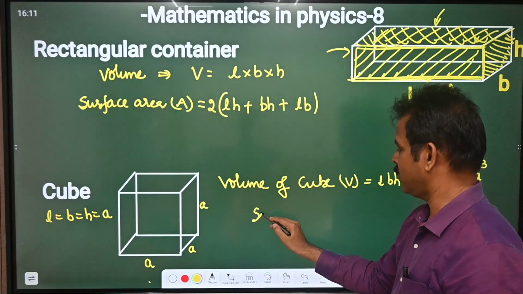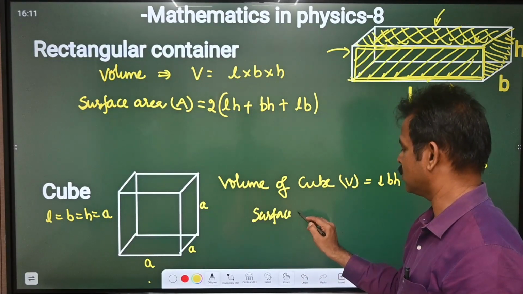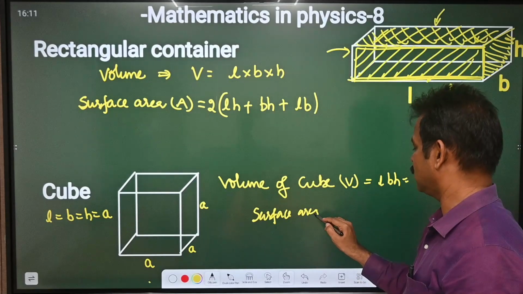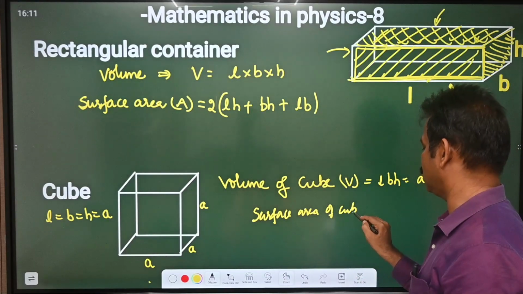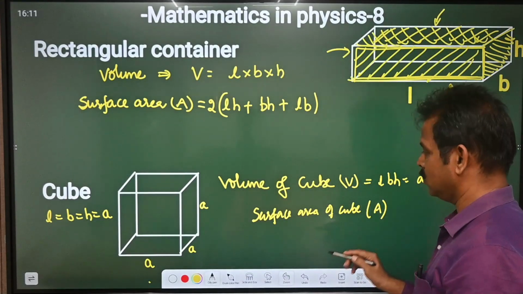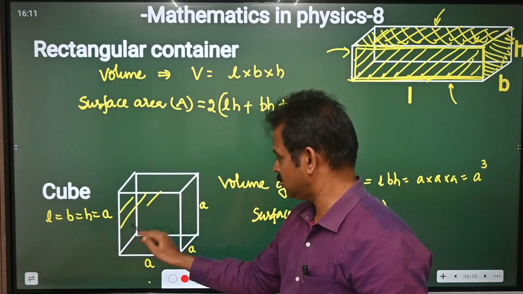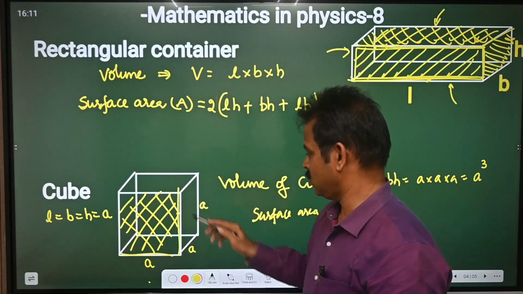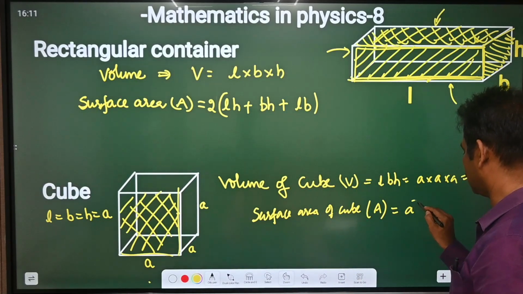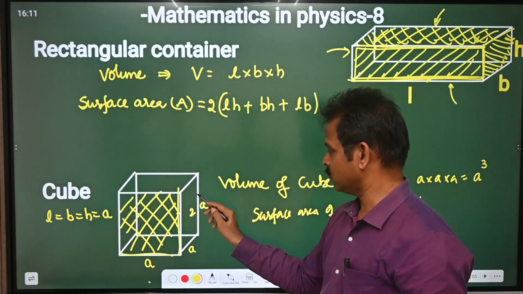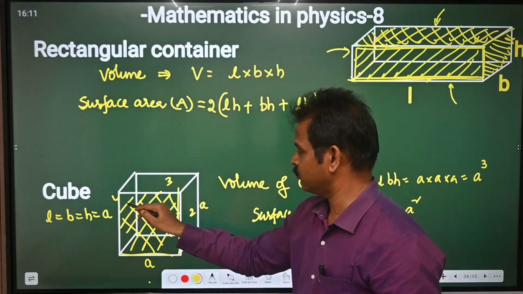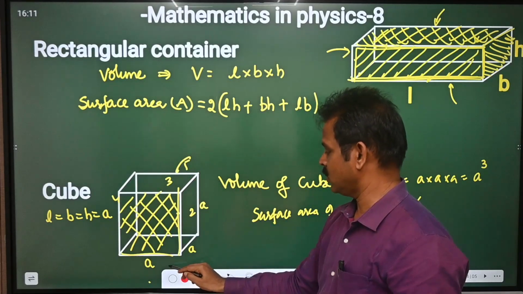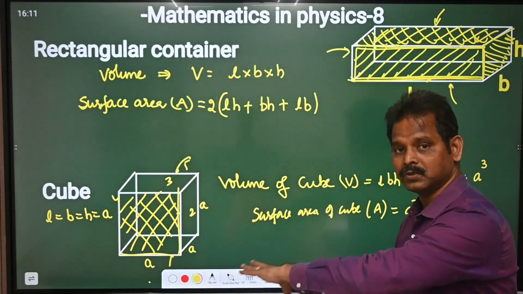Next, surface area of the cube. Here, if you observe this one, this surface has area A into A, which is A square. Second surface, third surface, this side fourth surface, back fifth and bottom sixth. All surface areas are equal.